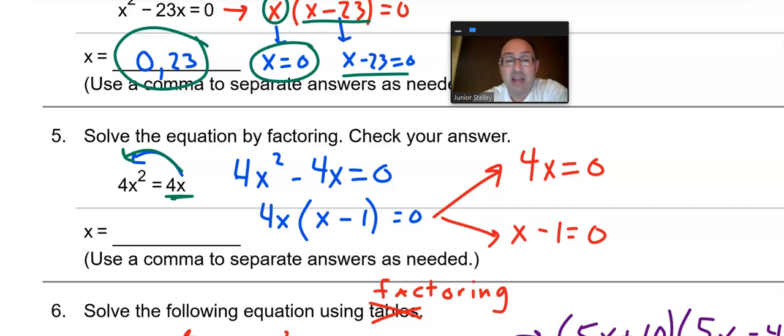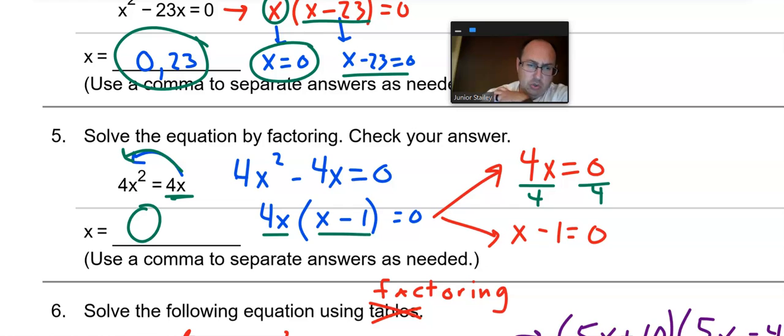They both have a 4x. Pull out the 4x. When I pull out the 4x, that gives me x minus 1. Set the two factors equal to 0. 4x equals 0. Of course, we can divide by 4. What are we going to get? 0. Yes, that's right. Add the 1 to the other side, and we find out we get positive 1. So those are the two answers. Moving on.